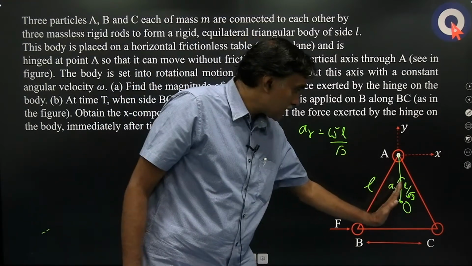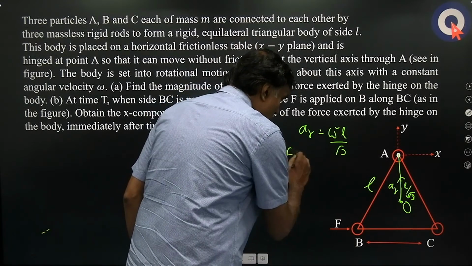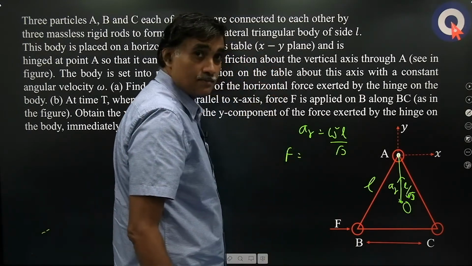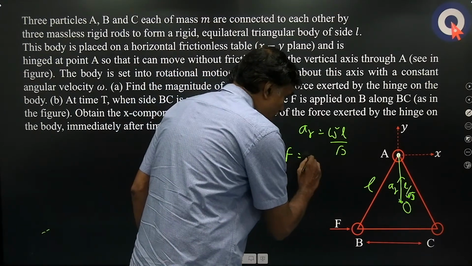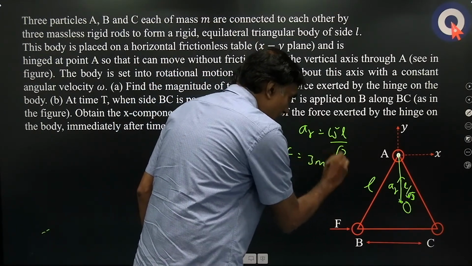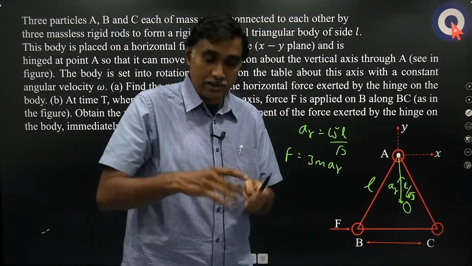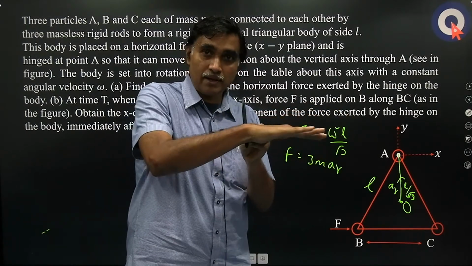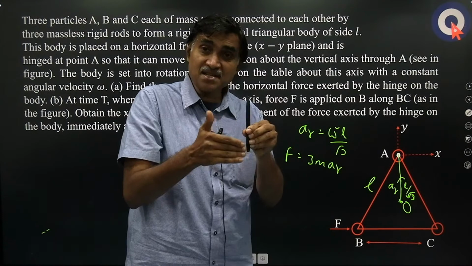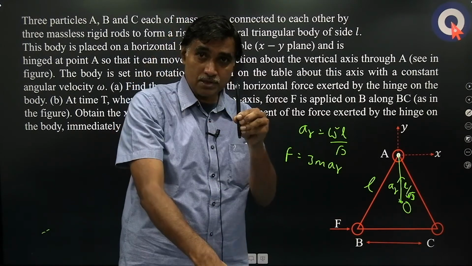Then what is the net force acting towards the axis of rotation? It is total mass into acceleration of center of mass. What is the total mass? 3m into acceleration of center of mass. That is the net force, and that force is in the horizontal plane. The triangular frame is rotating about this axis in the horizontal plane, and the z axis is vertical, where gravitational force is vertically downwards.